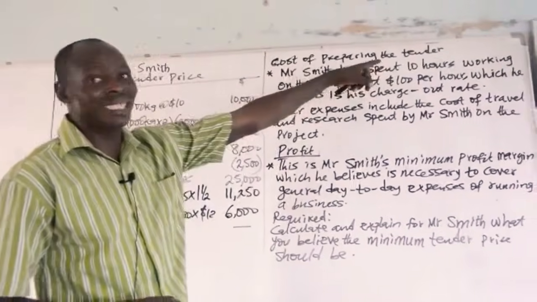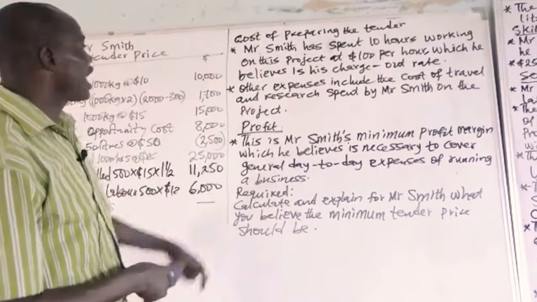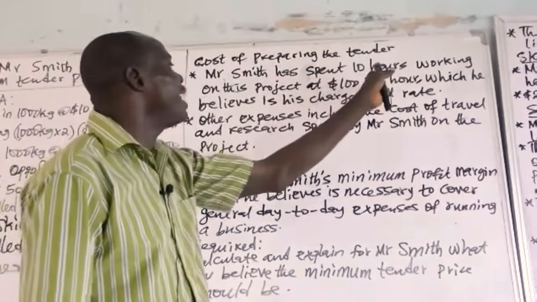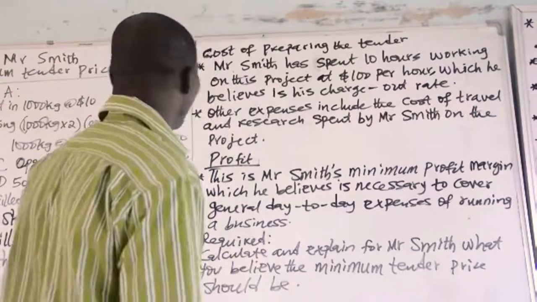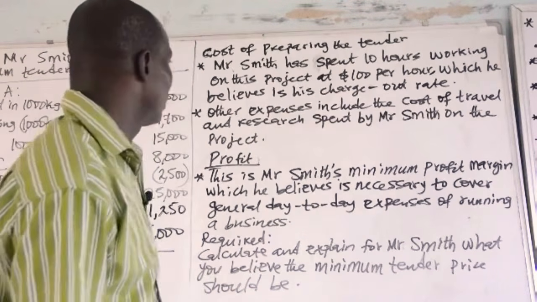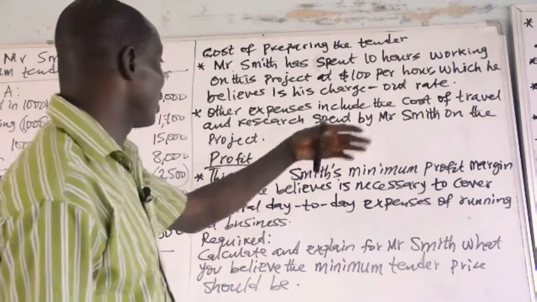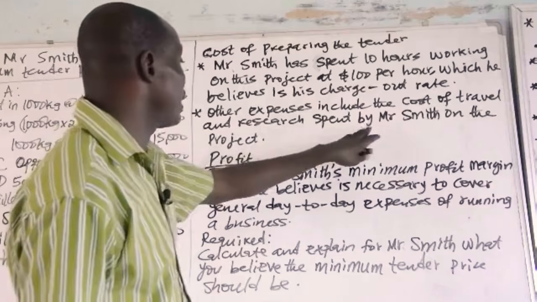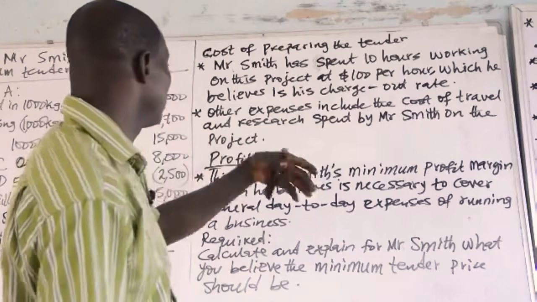Cost of preparing the tender. Mr. Smith has spent 10 hours working on this project at $100 per hour, which he believes is his charge-out rate. The cost of preparing the tender is not relevant. Other expenses included in the cost of travel and research spent by Mr. Smith on the project.